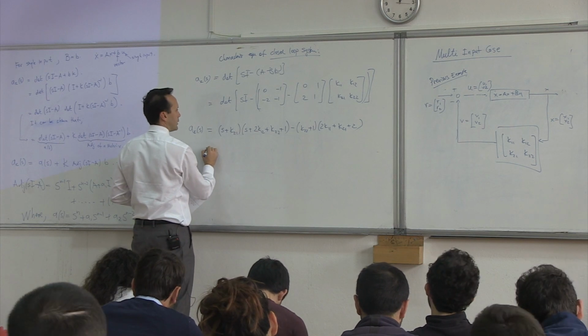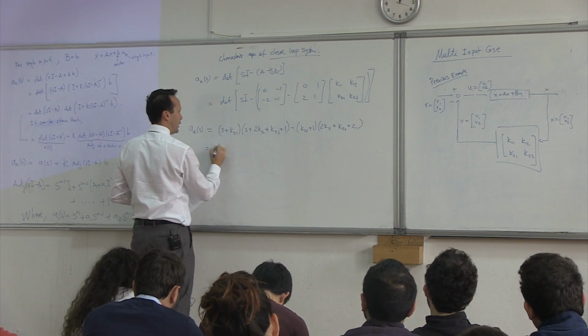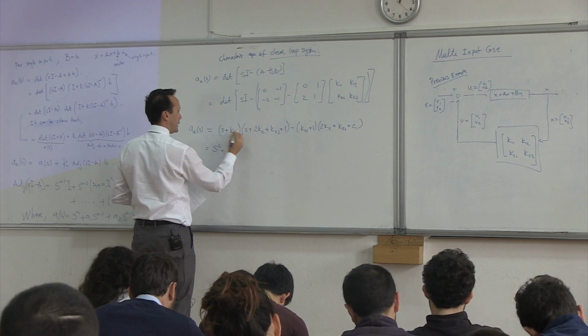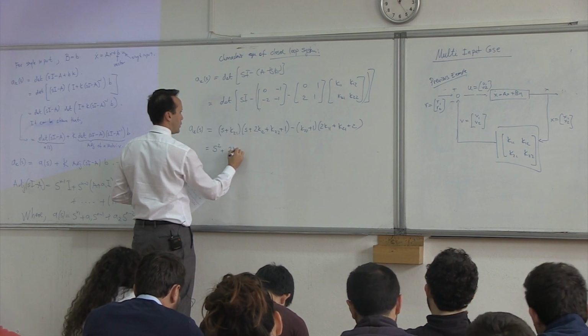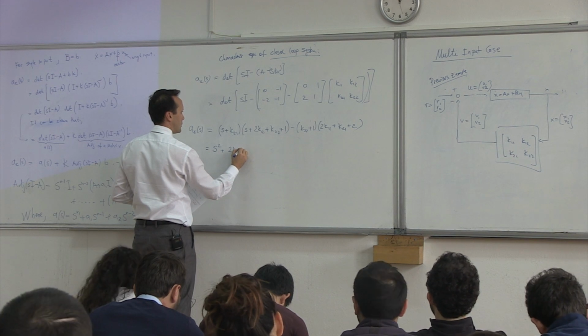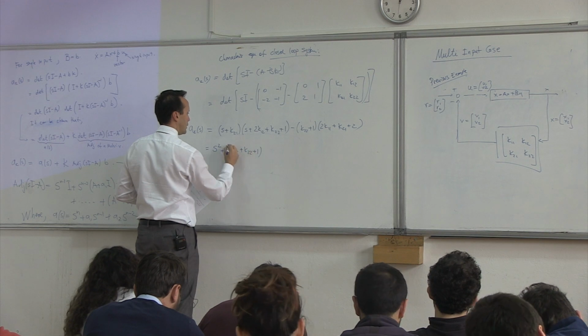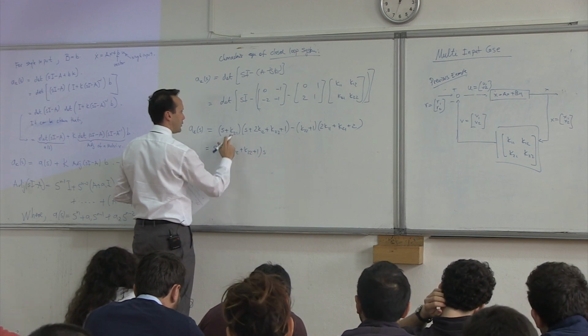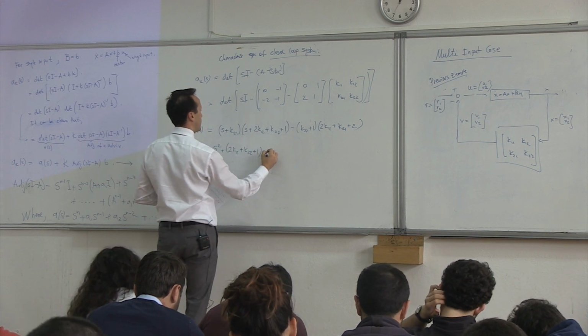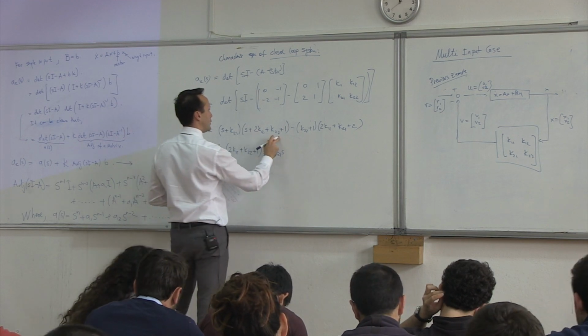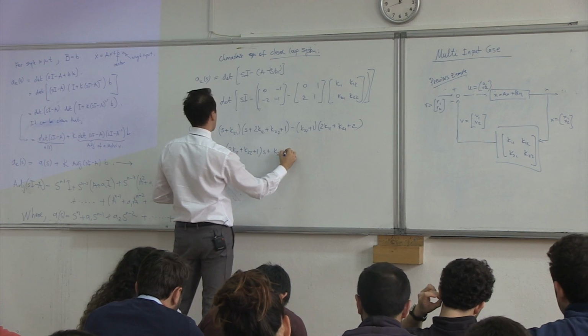Multiply this, you will get S squared plus 2K12 plus K22 plus 1 of S plus K21 of S, and then you get a bunch of other junk, right?